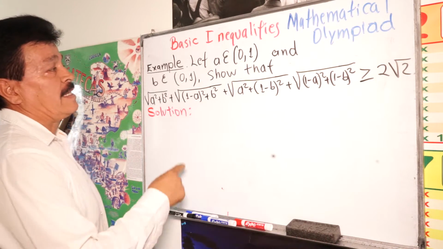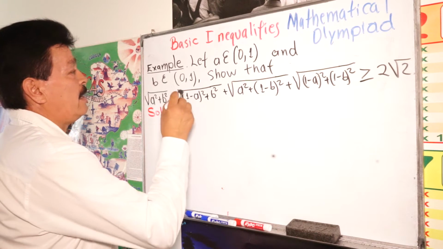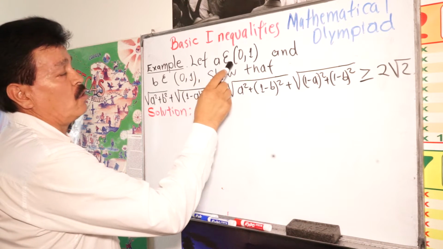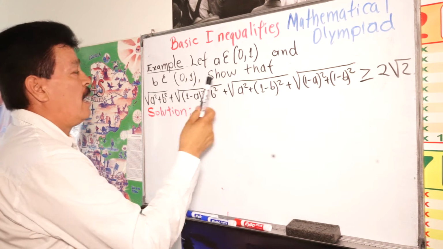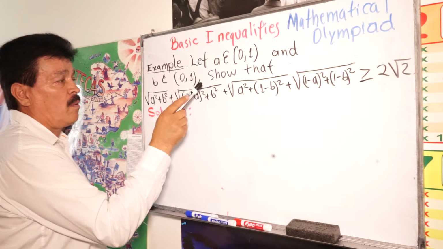Our problem for today is example 1: let a belong to (0, 1) and b belong to (0, 1).